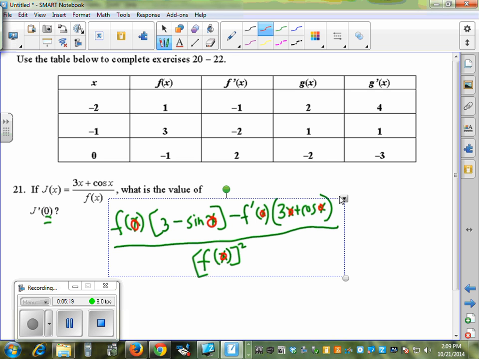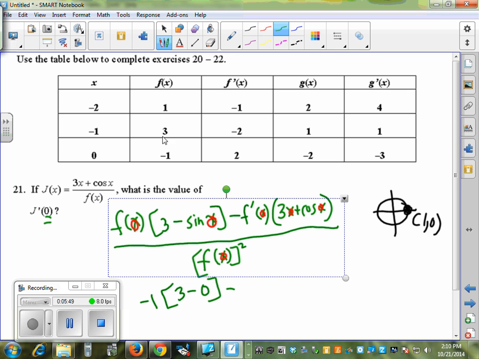We've got an angle this time. We've got 0 radians. So we're ready to work. Okay, first of all, we need the value of f when x is 0. That's -1 times 3 minus the sine of 0. Remember, sine is the y number. That's 0 on the unit circle.